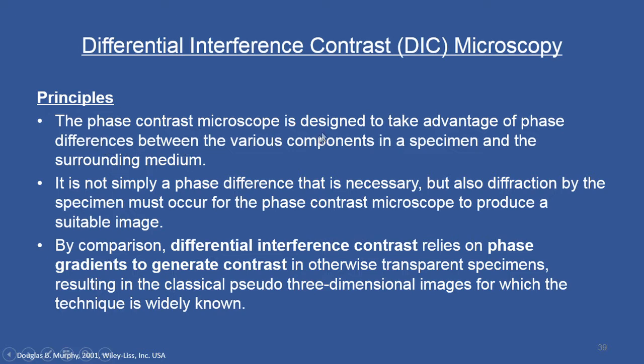The phase contrast microscope is designed to take advantage of phase differences between the various components in the specimen and the surrounding medium. It is not simply a phase difference that is necessary, but also diffraction by the specimen must occur for the phase contrast microscope to produce a suitable image. By comparison, differential interference contrast relies on phase gradients to generate contrast in otherwise transparent specimens, resulting in the classical pseudo three-dimensional images for which the technique is widely known.